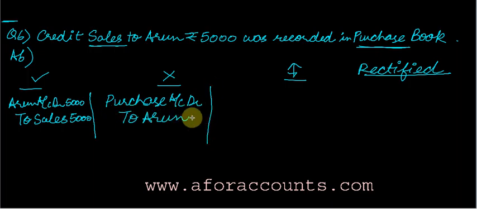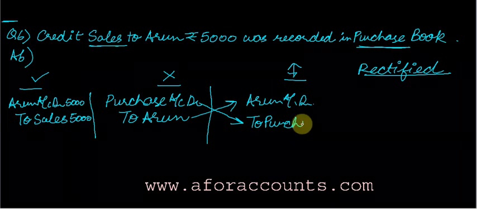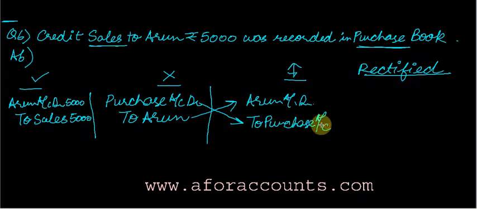Now I need to reverse it. Arun account debit to purchase account. Okay, the amount is 5000.